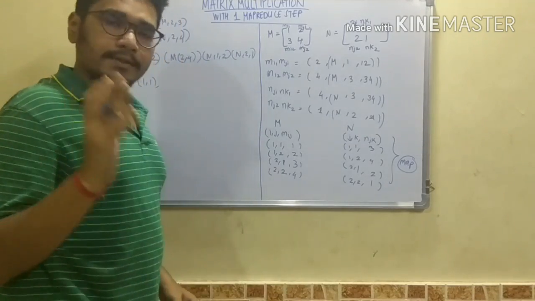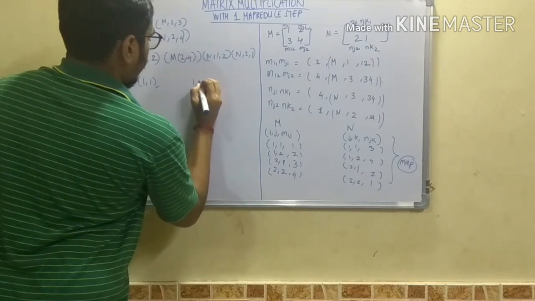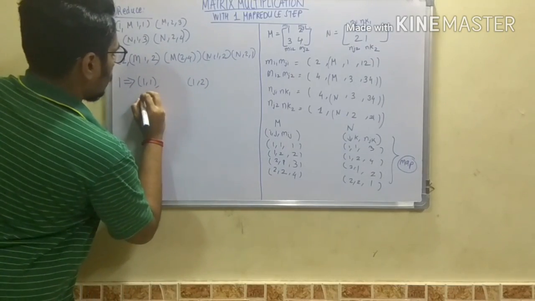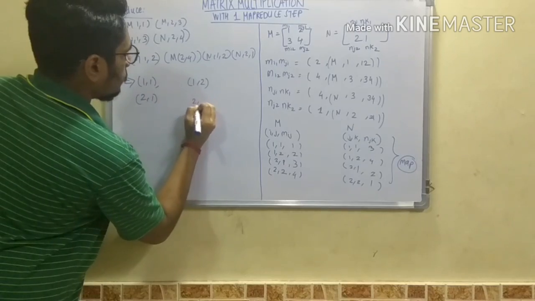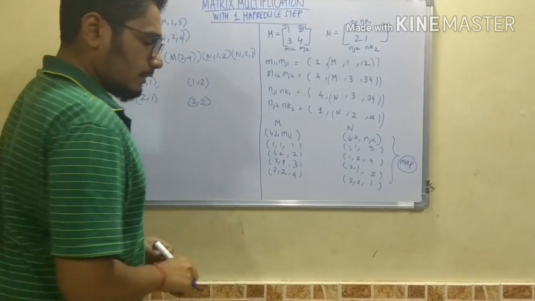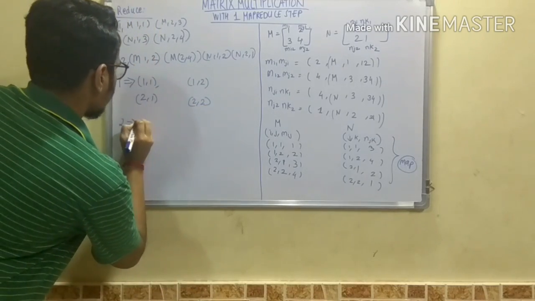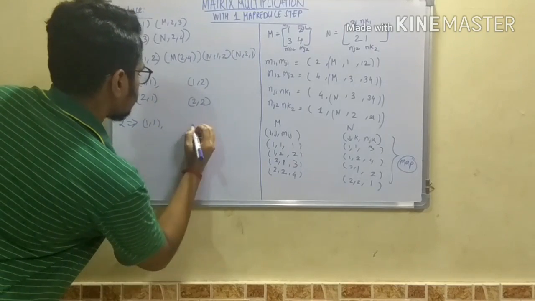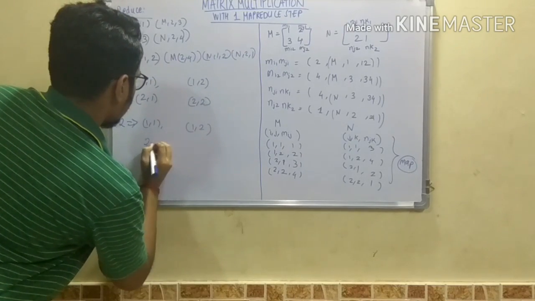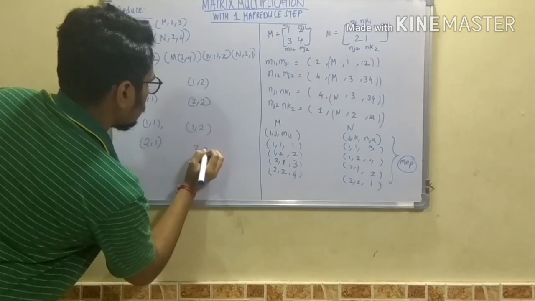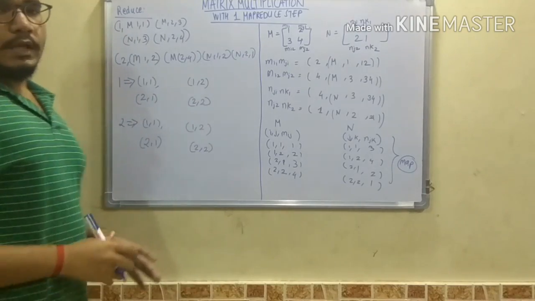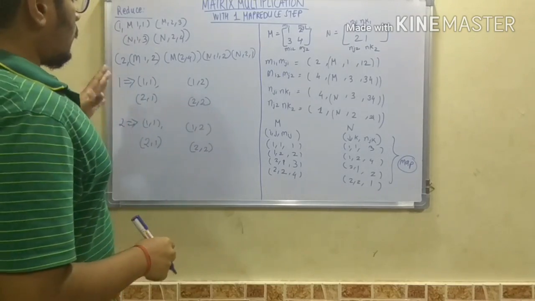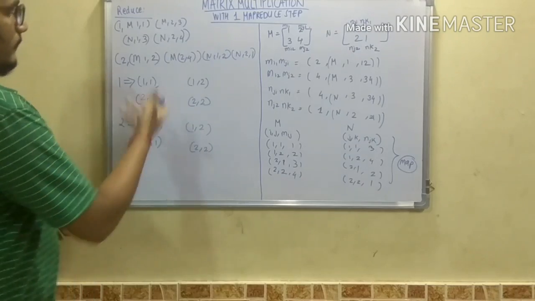So just keep this field blank, and 1, 2, 2, 1 and 2, 2. Similarly for 2 we have 1 1, 1 2, 2 1 and 2 2. So basically now we will multiply these two fields.